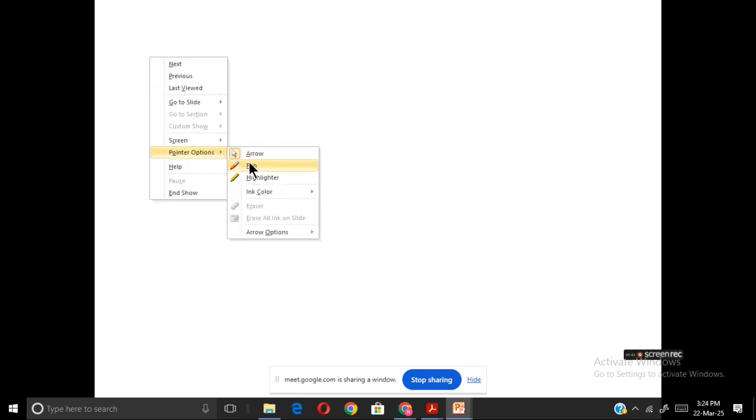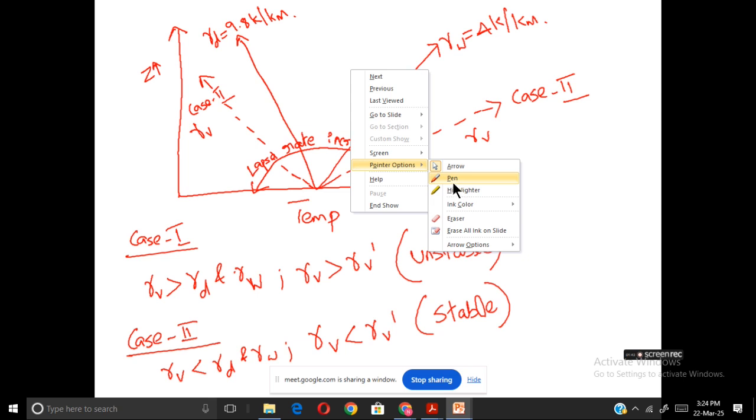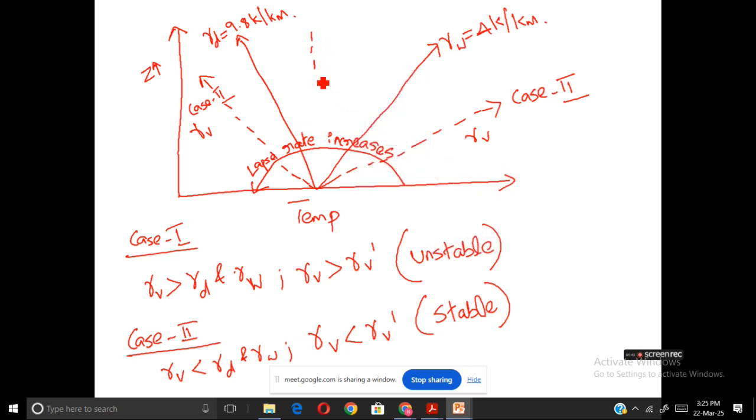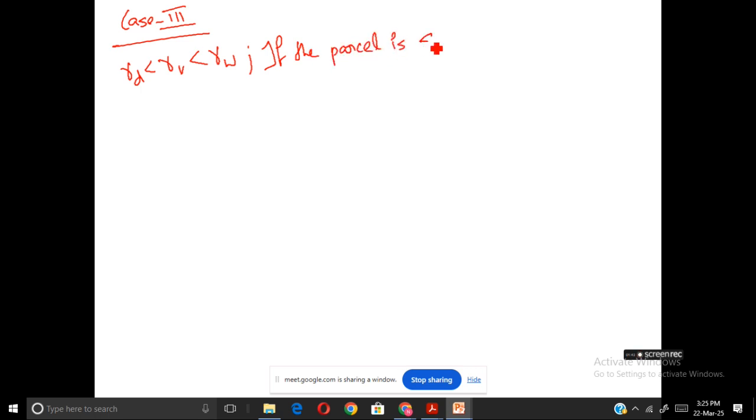Now let's assume a third case in which the environmental lapse rate, gamma V, is in between gamma D and gamma W. In this case, gamma D is greater than gamma V, but gamma V is still less than gamma W. So in this case it can be either stable or unstable. Suppose the parcel is saturated.